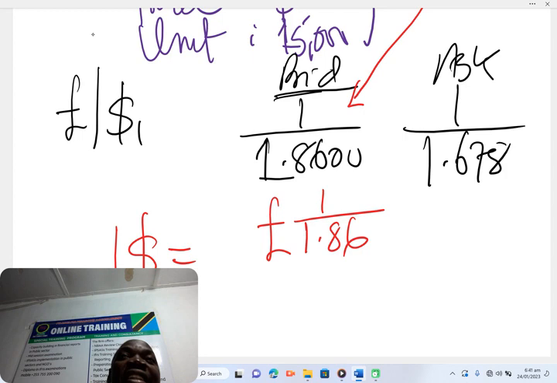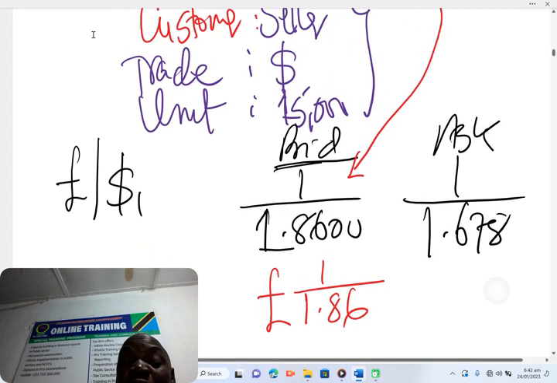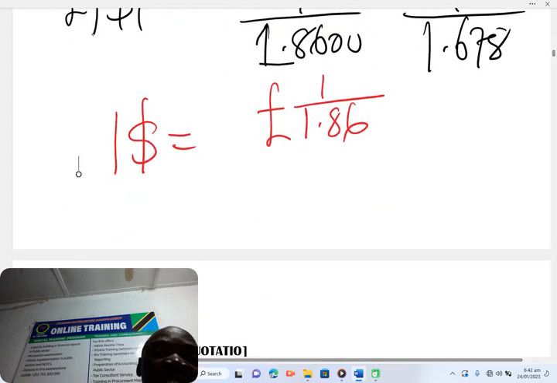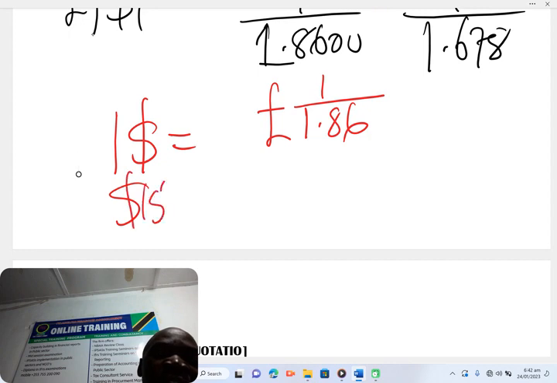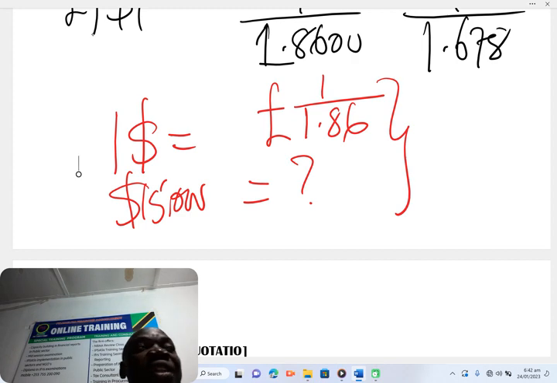That is a selected rate. You can divide to get decimal, but you can leave this one also to understand. So, how much is the units in dollar? It is $15. How many pounds are we going to get?